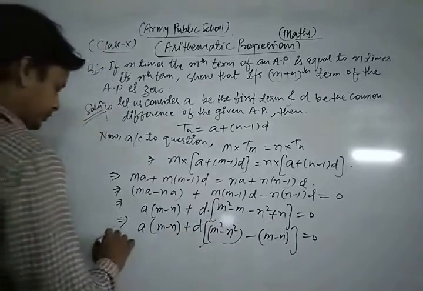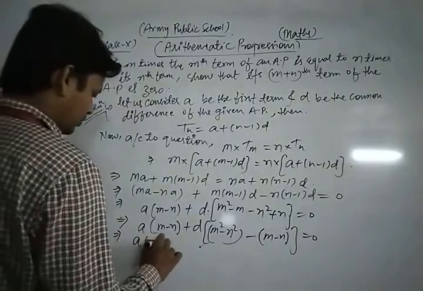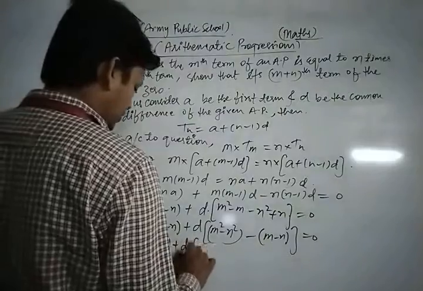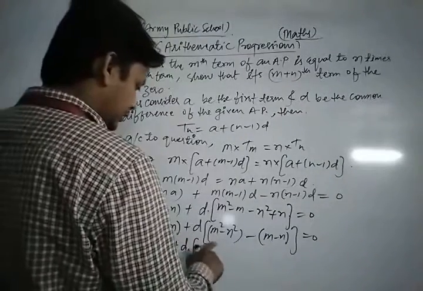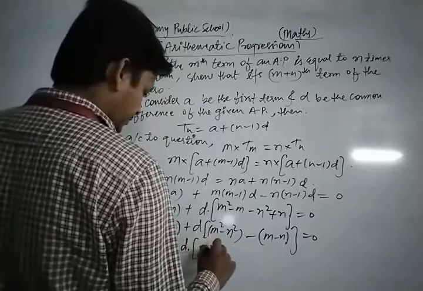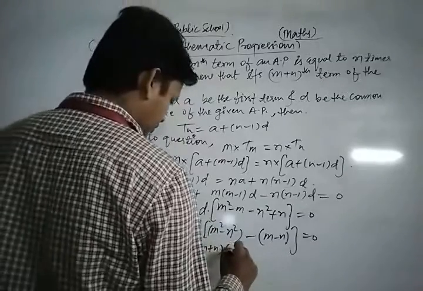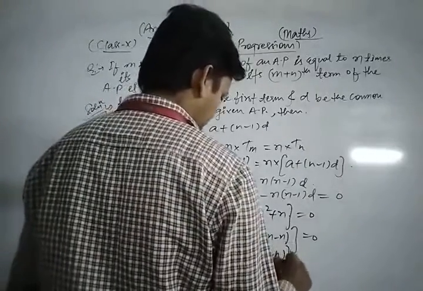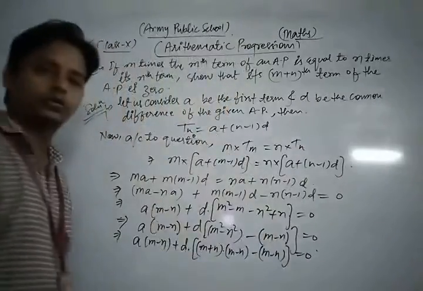Now look, a into m minus n, plus d into m square minus n square, we write as m plus n into m minus n, minus m minus n is equal to 0.